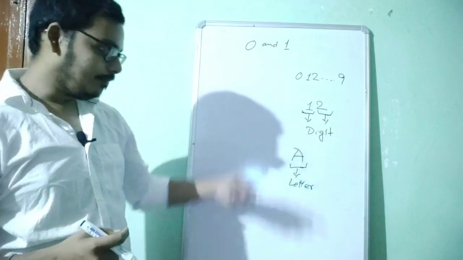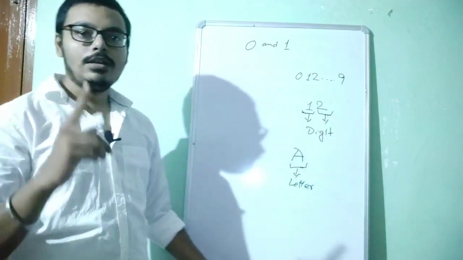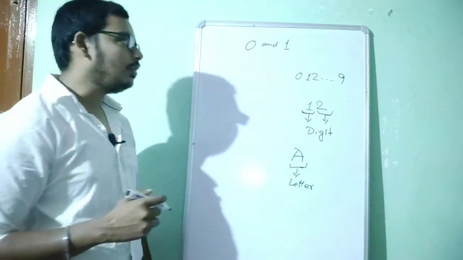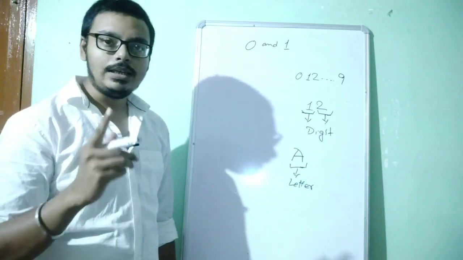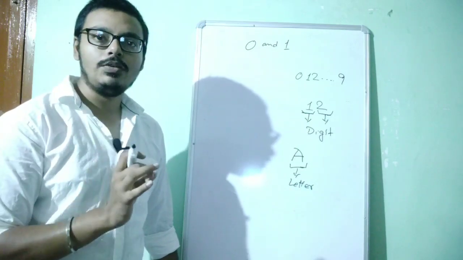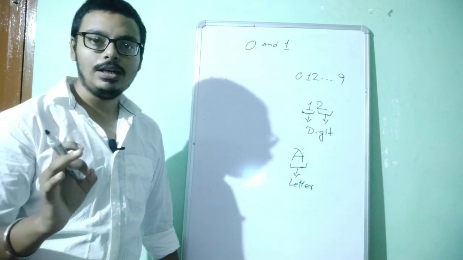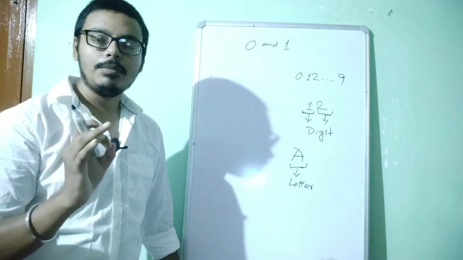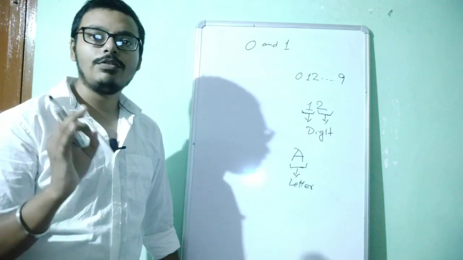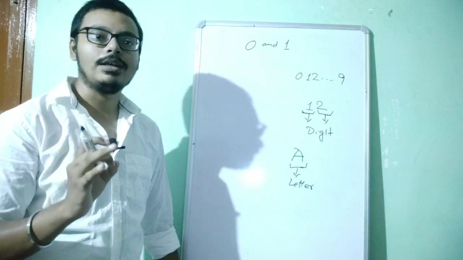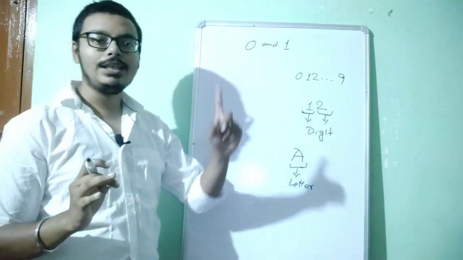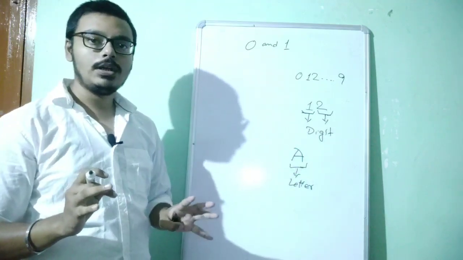Similarly, for a binary number also, if I represent by a single 0 or single 1, that is the smallest unit of computer data. All right, remember that the smallest unit of computer memory or computer data is represented by a single binary digit.